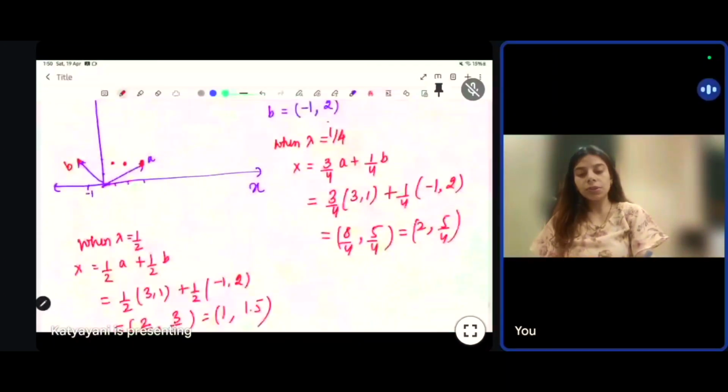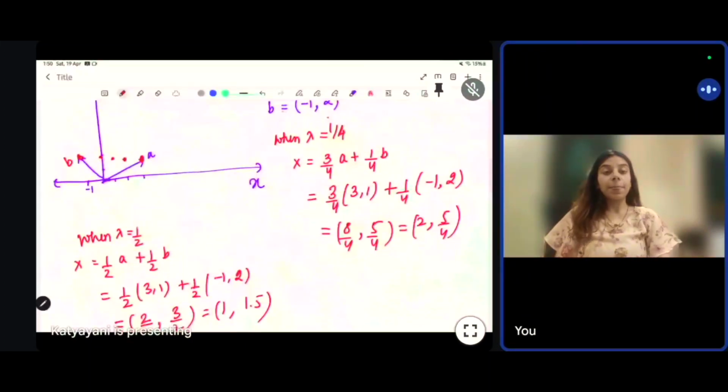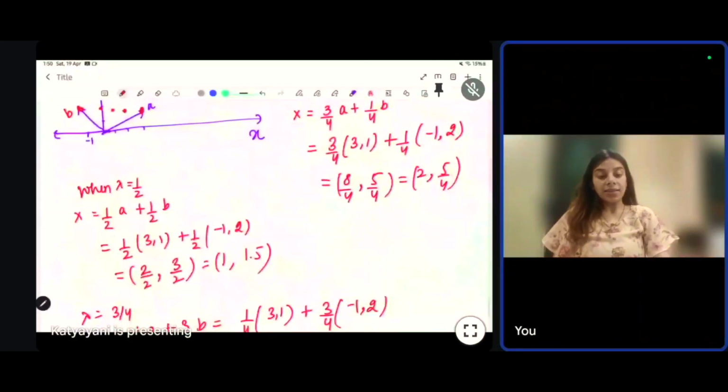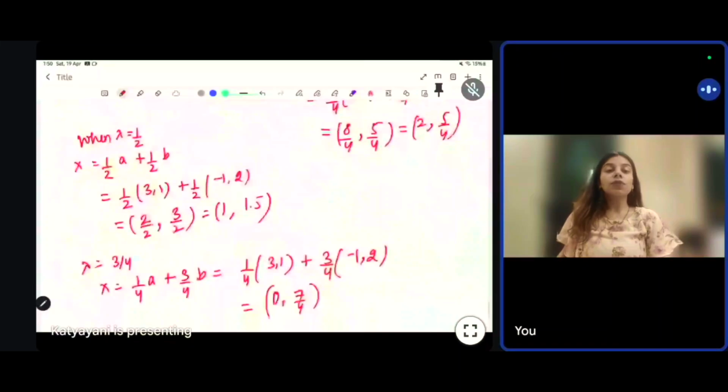So it would be somewhere here, right? So you can see that for different values of lambda, these are the points that I am getting on the axis, right?